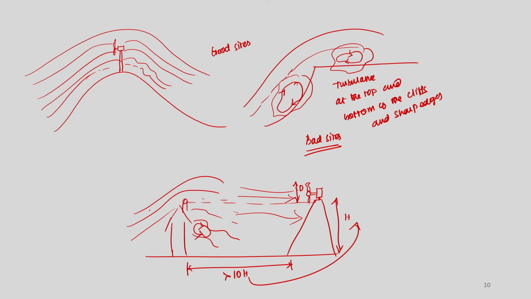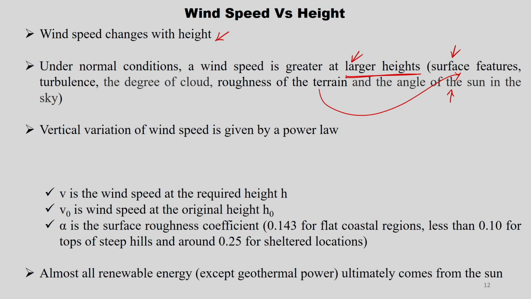Apart from that, to avoid such obstacles, you need to provide a taller tower, either increasing H or increasing the distance between the windmill and the obstacles. So these sites may have obstacles, but if you carefully design your windmills, it can be avoided. These surface features and roughness of the terrain also come into play when we talk about wind speed versus height.